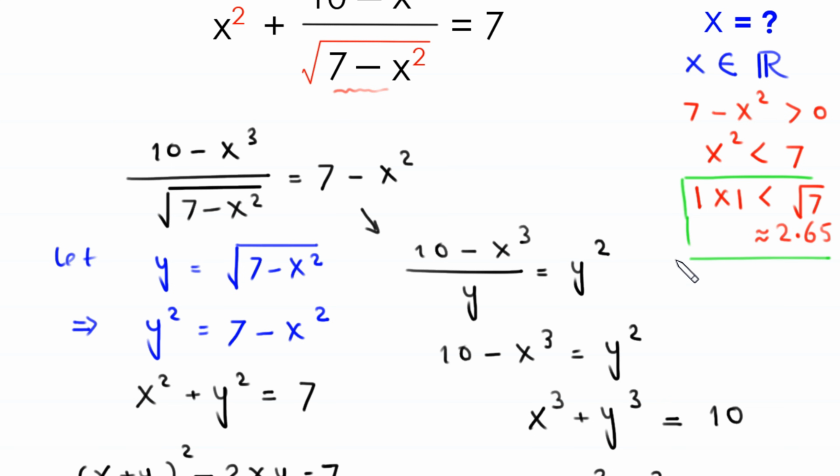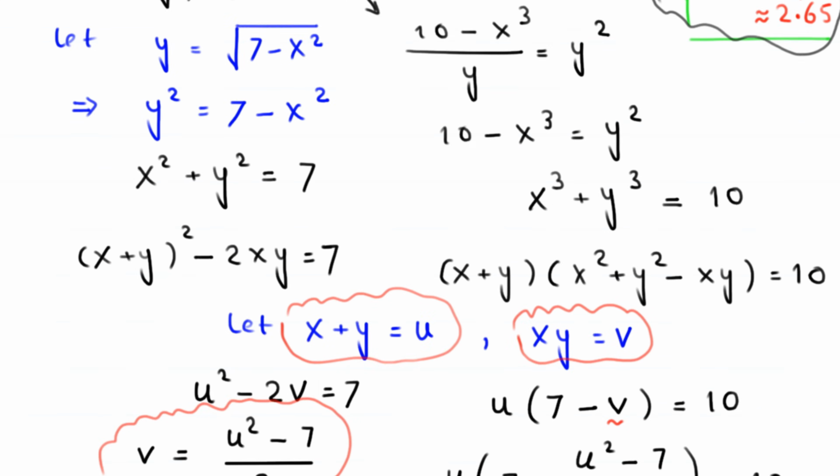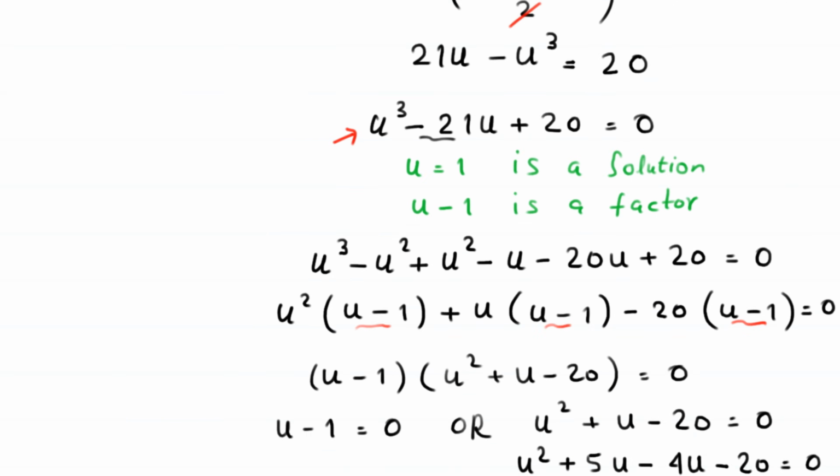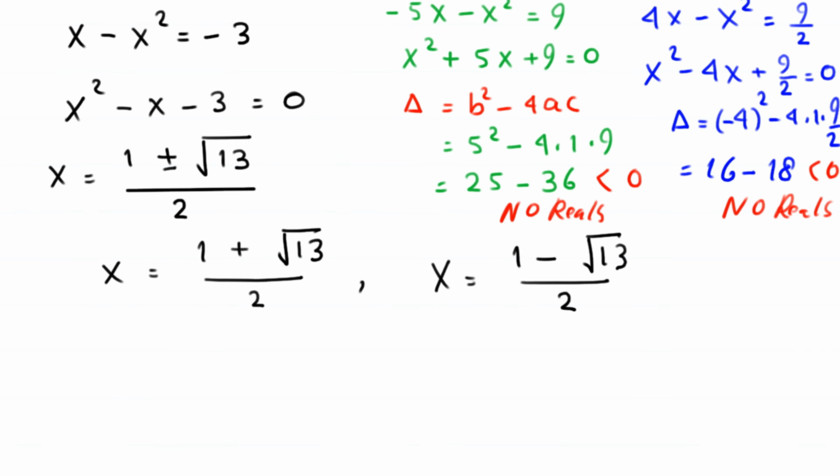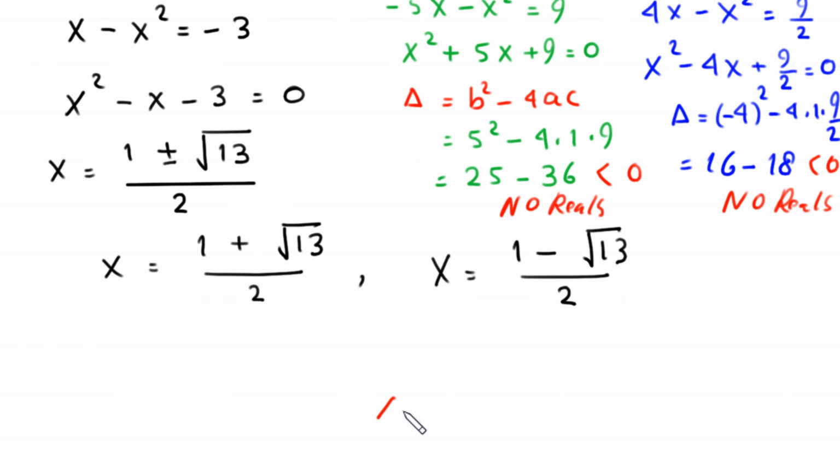The domain is absolute value of x must be less than root 7, that is approximately equal to 2.65.